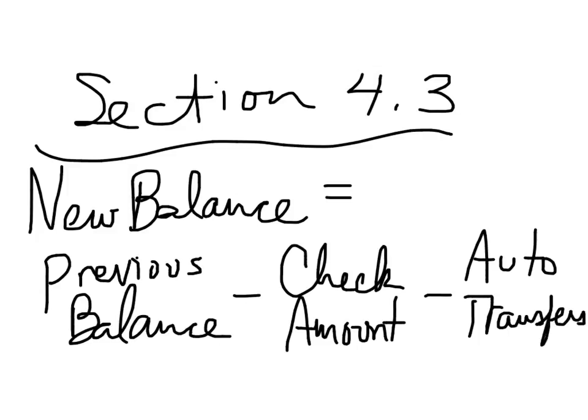Again, automatic transfers would be like your ATM transactions. So this is the subtracting part. When you write a check or have an automatic transfer, money is being taken out, so those are your subtraction numbers.